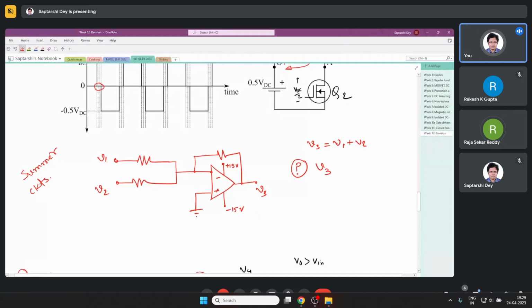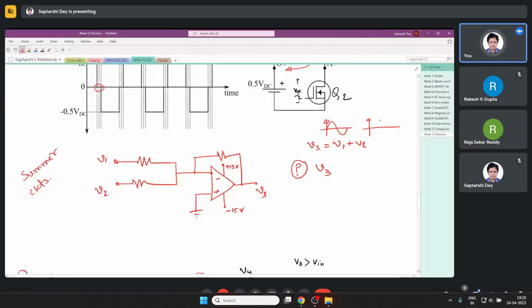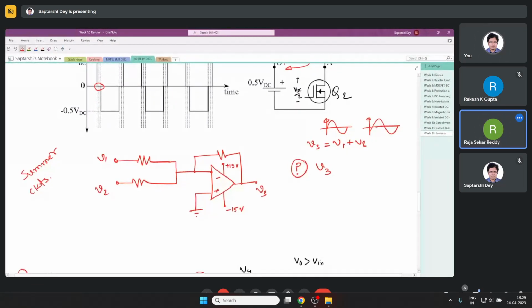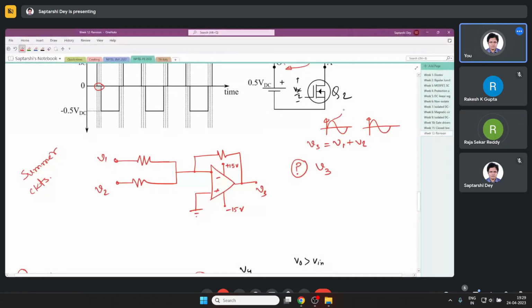And you are giving V1 a sinusoidal, and V2 another sinusoidal. This peak goes to 8 volt, this peak goes to say 9 volt.